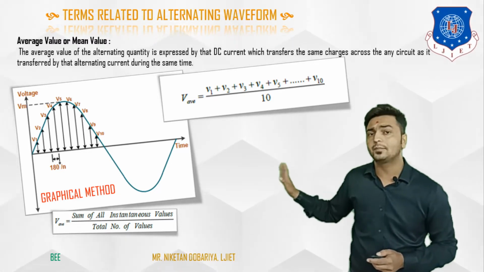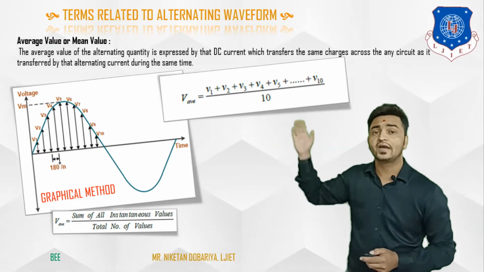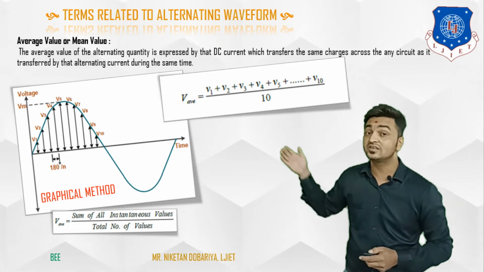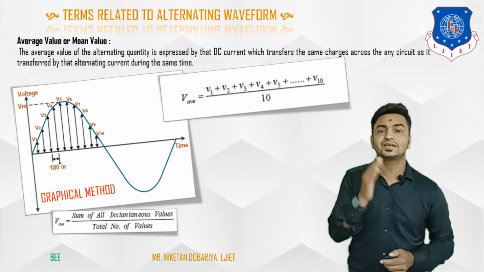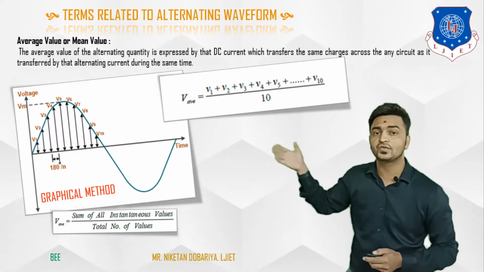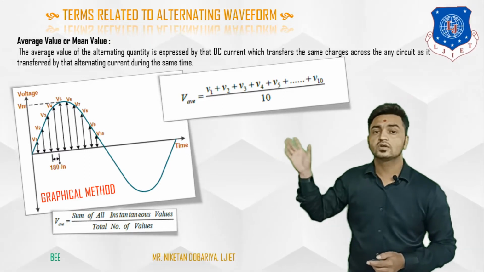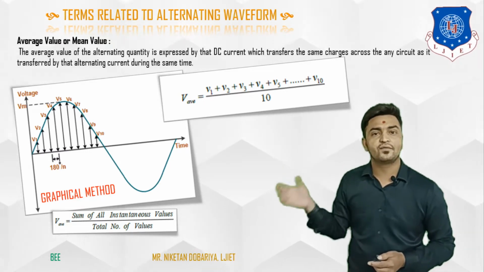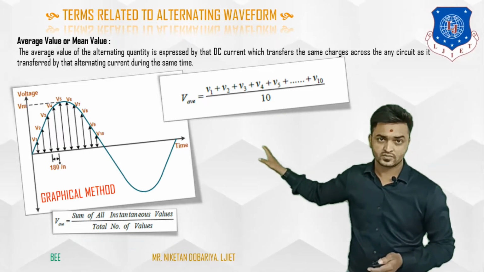That is given mathematically in this equation. The average voltage V average is equal to V1 plus V2 plus V3 up to V10, divided by the total number of instantaneous values, that is 10. So this formula provides the average value of the positive cycle.